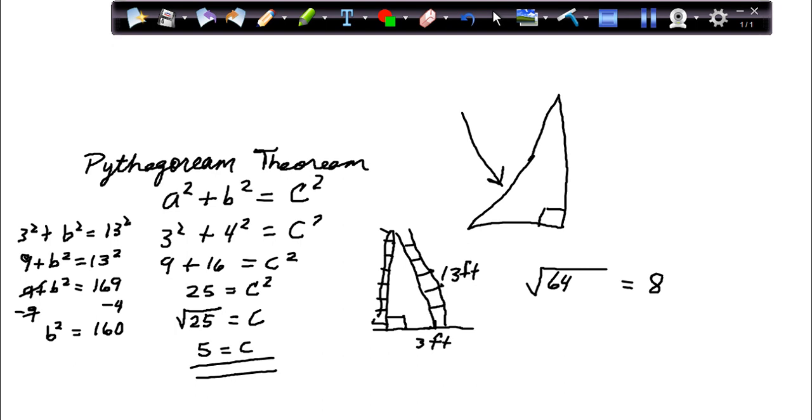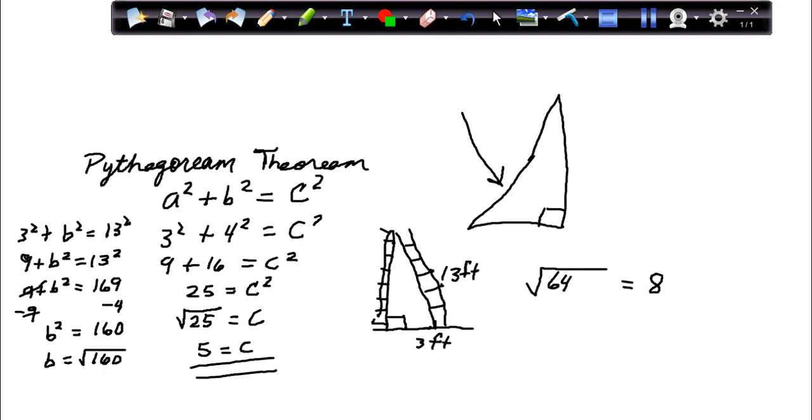And then you're going to show the b squared, because it's telling you b squared equals 160. So b, whatever the value of b is, is equal to what? The square root of 160. And so what is that number, the square root of 160?